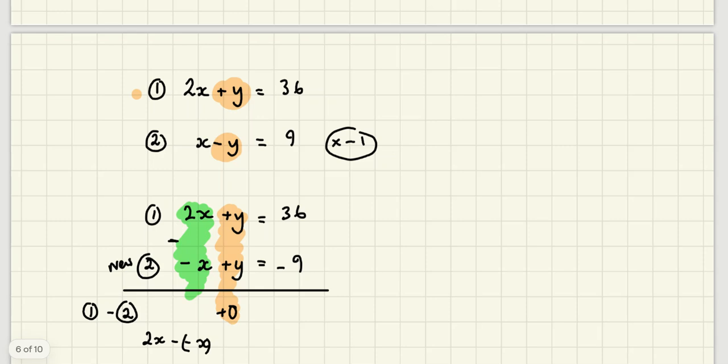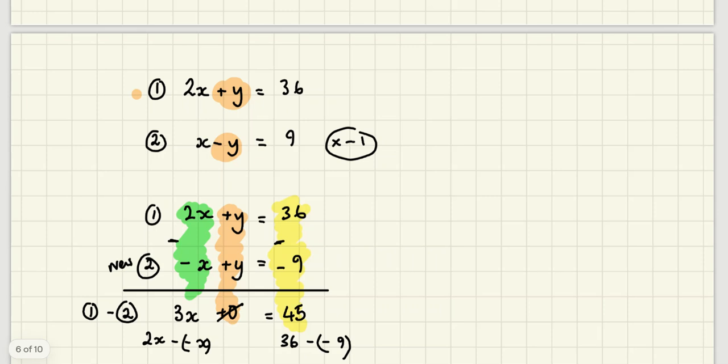So 2x plus x is 3x, plus 0, so we can forget about the 0. But now we've got, obviously, 36 subtract -9. Well, that's the same as 36 plus 9, which is 45.